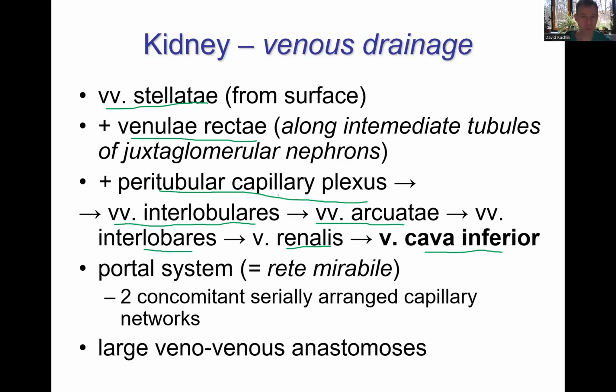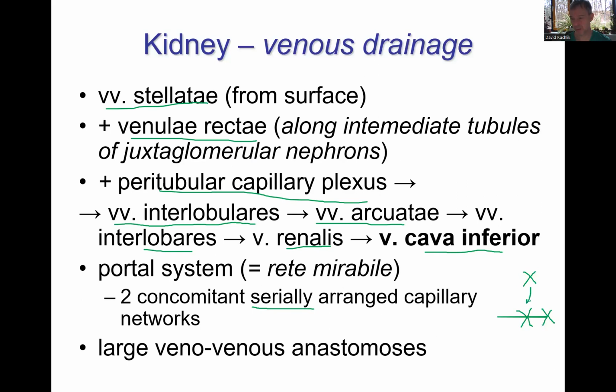So to conclude, we have two capillary networks which are serially arranged. We have one in the glomerulus, and the second is either the peritubular capillary network or vasa recta, the straight ones.